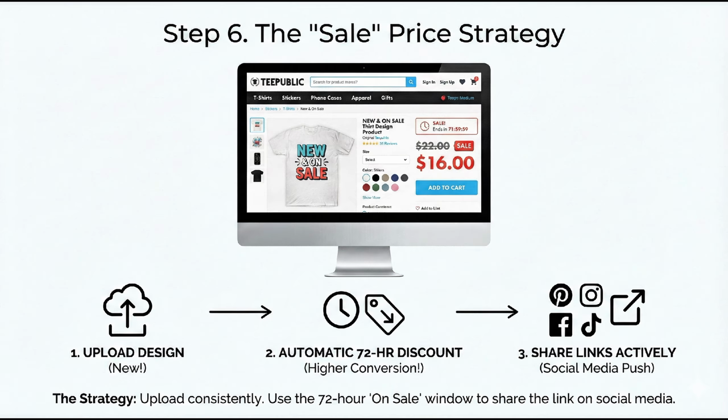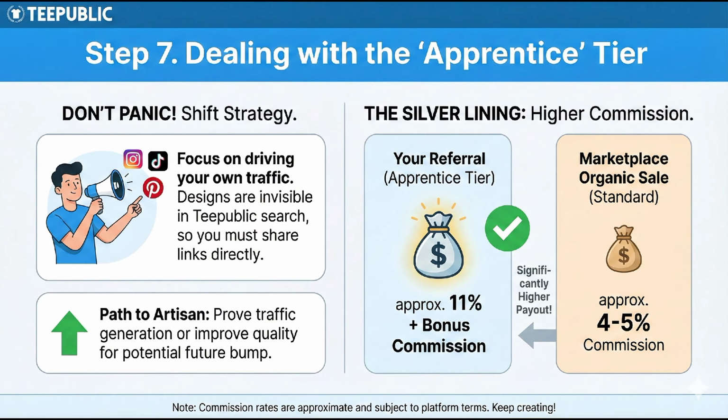You need to upload consistently. When a design is new and marked on sale, it converts much better. Make sure you utilize that 72-hour window to push your links on social media like Pinterest, Instagram, or TikTok while that price is low.